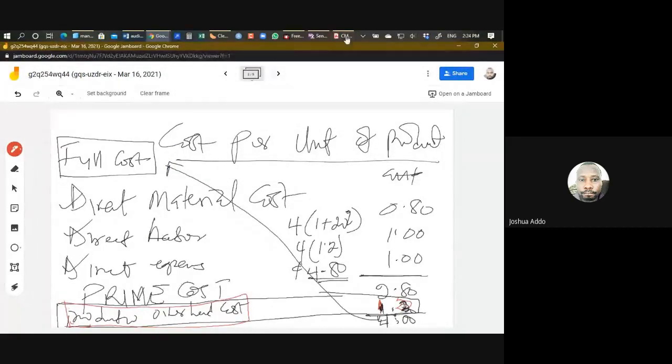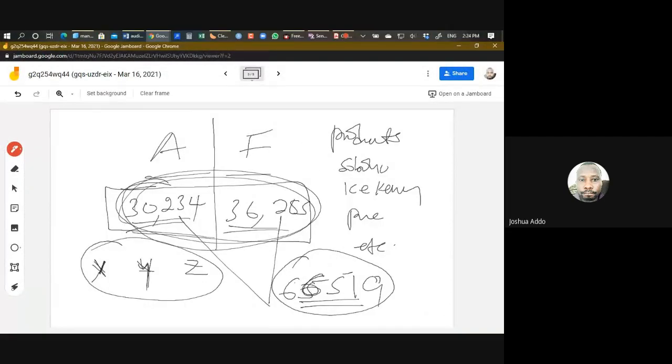We take production department A, prepare its own overhead absorption rate, and use it to absorb the overheads into the product. Then we come and take B. We prepare its own overhead absorption rate and use it to absorb this cost into the same product.